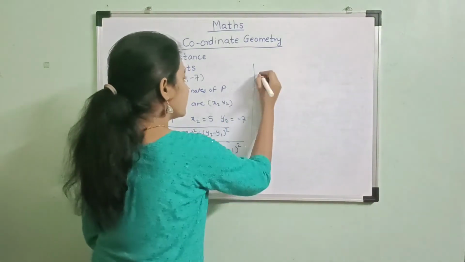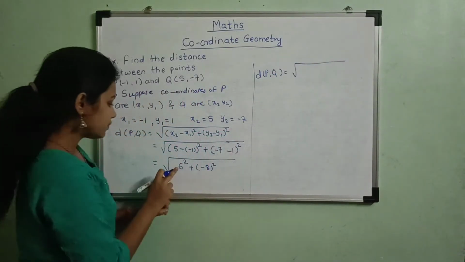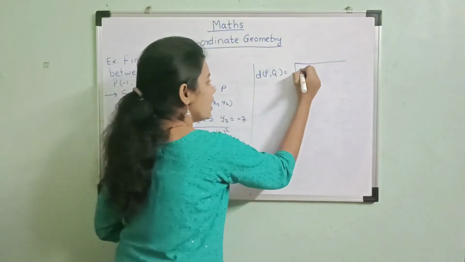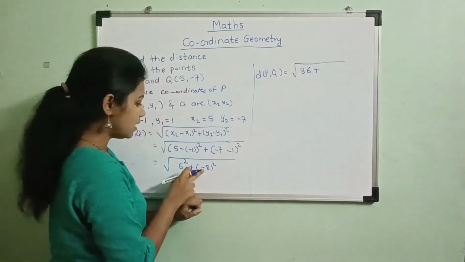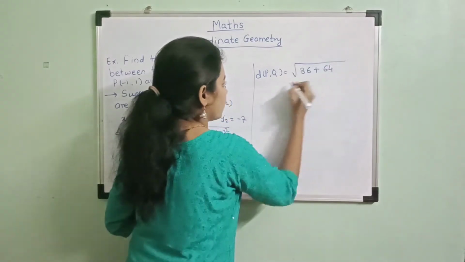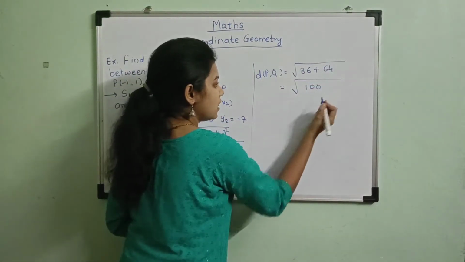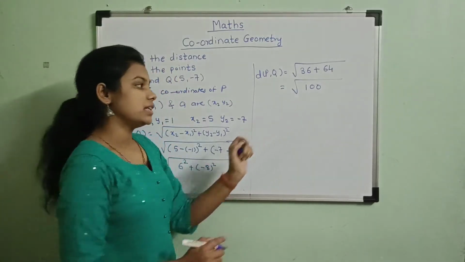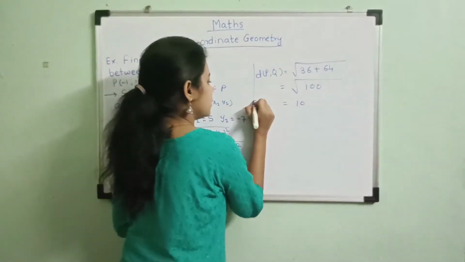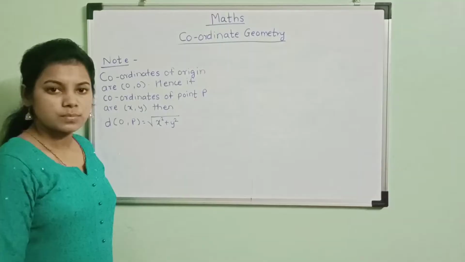Now distance between point P and Q equal to 6 square, that is 36, plus minus 8 square, that is 64. 36 plus 64 you will get 100, and the square root of 100 is just 10. So distance between point P and Q is 10.